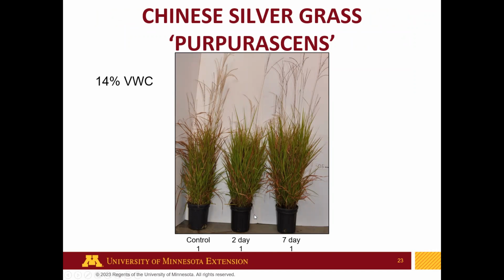In the middle, you have the 2-day flood, and at the far right, you have our 7-day flood. With the visual damage rating, the grasses were rated on a 1 to 10 scale, and you see here the control, the 2-day, the 7-day, they all had a rating of 1, and that 1 would be from 1 to 10% shoot dieback of the plant.